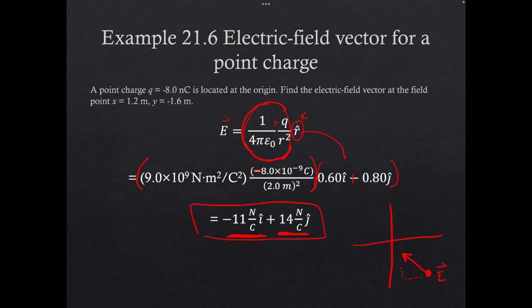This is why physics is so awesome, because you have physical rules, for example, electric field lines point towards negative charges. You have physical rules that help you check your answer, okay? We already know by observation that E field lines point towards negative charges. So my E field vector better have a negative x direction and a positive y direction, okay? That's how you check it.